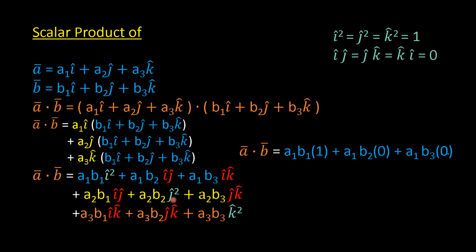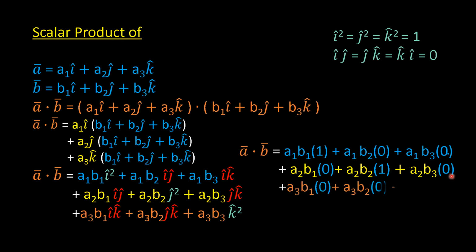In place of j squared, in place of i cap j cap, we will write 0. In place of i cap k cap, we will write 0. In place of i cap j cap, we will write 0. In place of j cap squared, we will write 1. In place of j cap k cap, we will write 0. In place of i cap k cap, we will write 0. In place of j cap k cap, we will write 0. And in place of k cap squared, we will write 1.